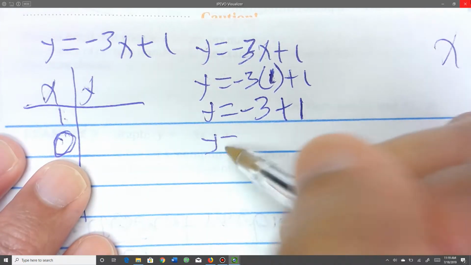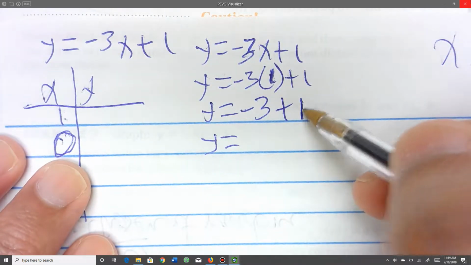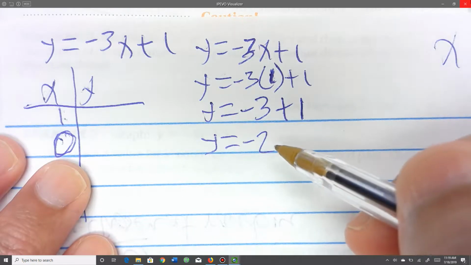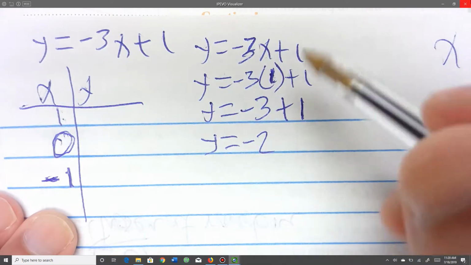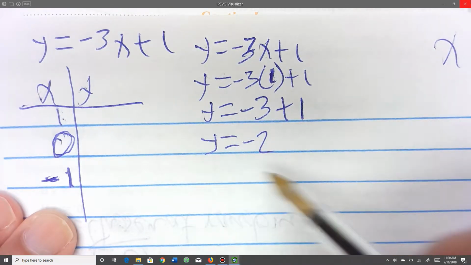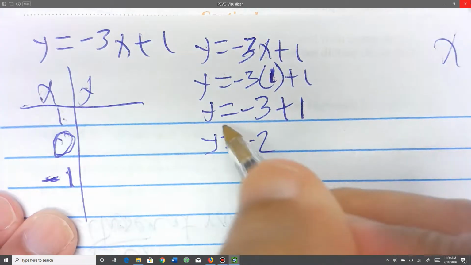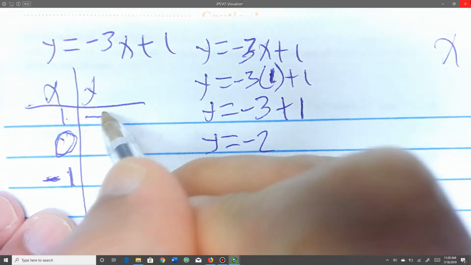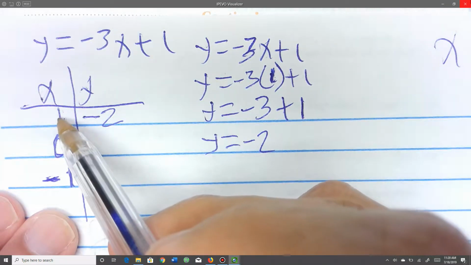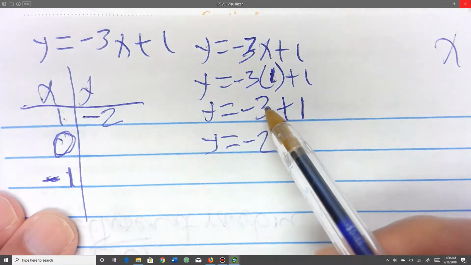Keep going. -3 plus 1 is -2. Okay, and -2, that's my y value that I got from using the +1 in the equation.